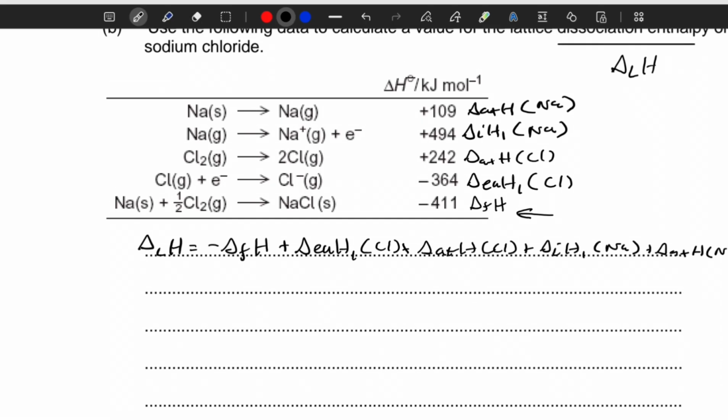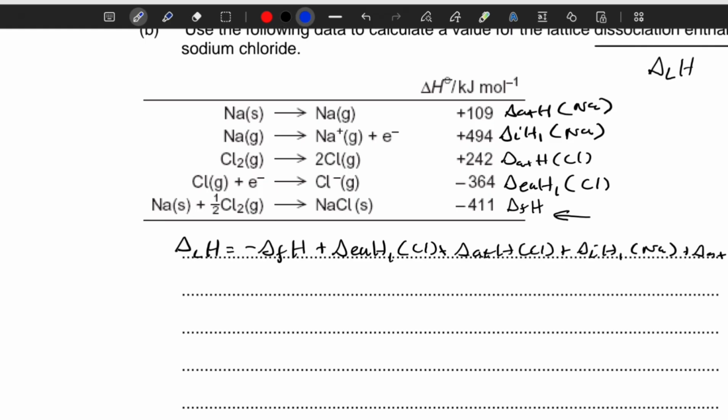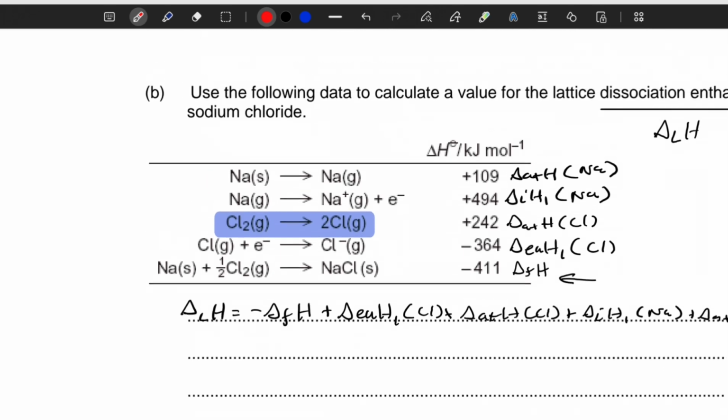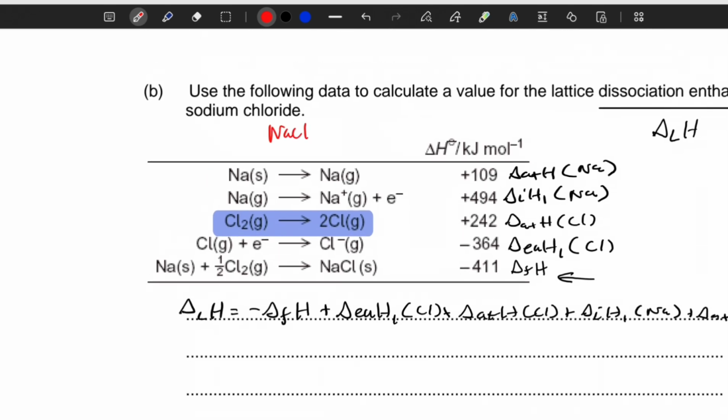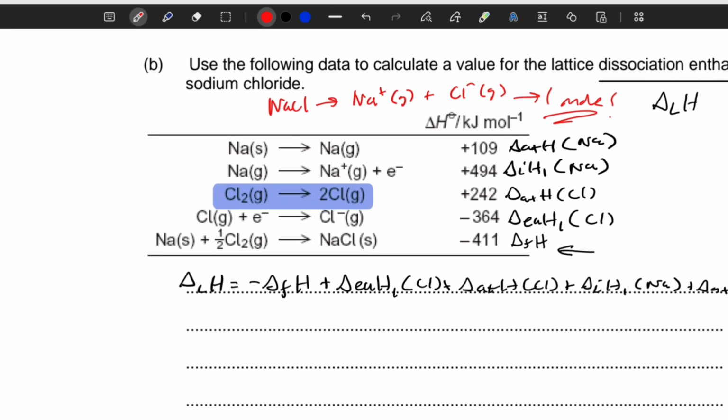Okay, next is the calculation. Now you need to look carefully at this here, because what is our end product? It's sodium chloride. Our end product is Na plus and Cl minus. So that means one mole of chlorine. Here it shows 2 moles of chlorine, but we don't want 2 moles of chlorine.